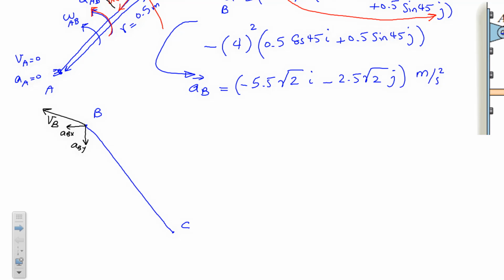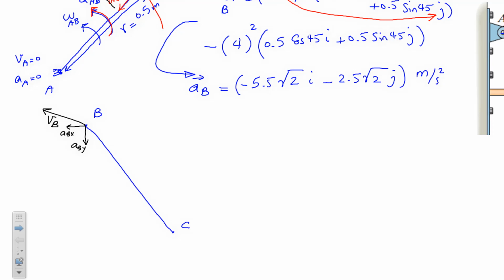If the link AB moves in counterclockwise direction, that gives a clockwise direction motion to link BC. So omega BC is in clockwise direction. You need to use your imagination to find the direction of omega BC.